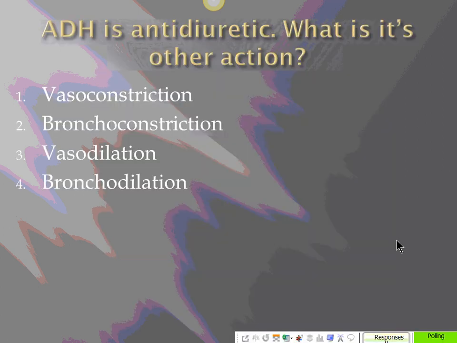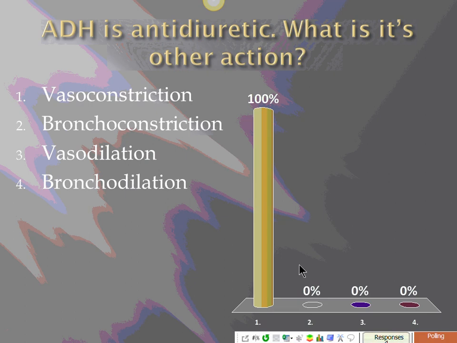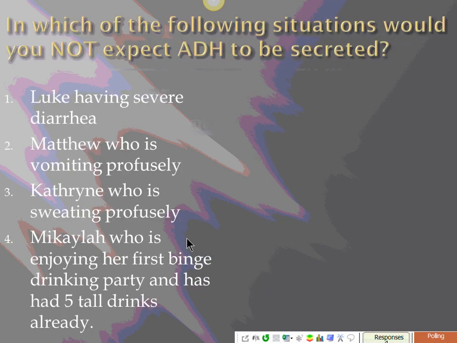So let's look at some other actions and see some situations when ADH is released or not. It's antidiuretic, so what is its other action? Yes, very good, vasoconstriction. So think of all of these scenarios.